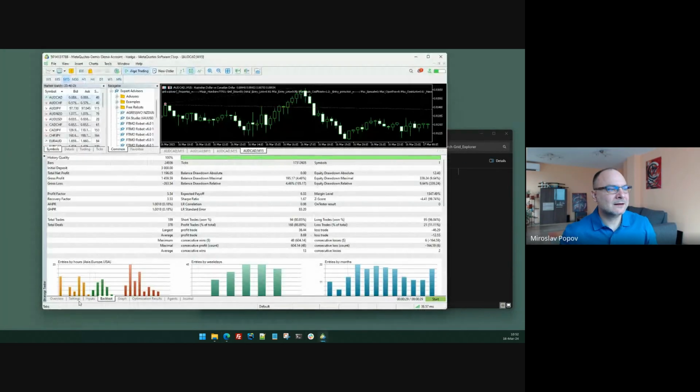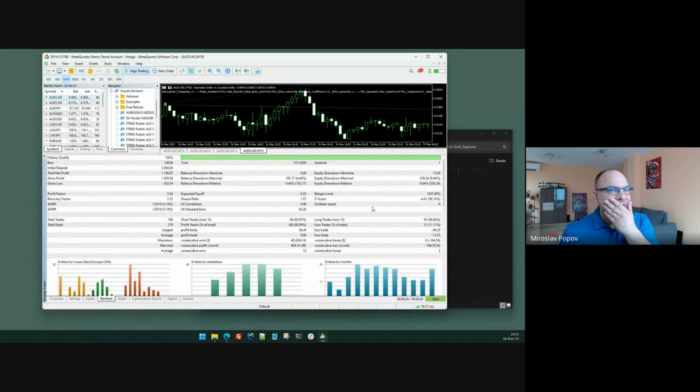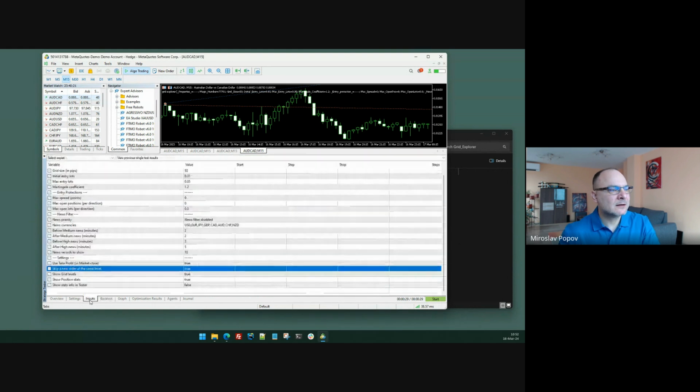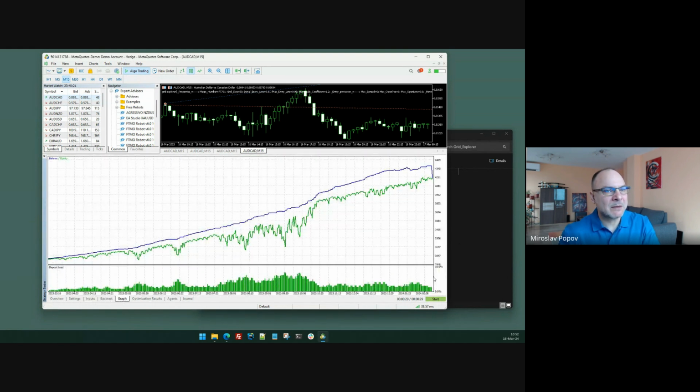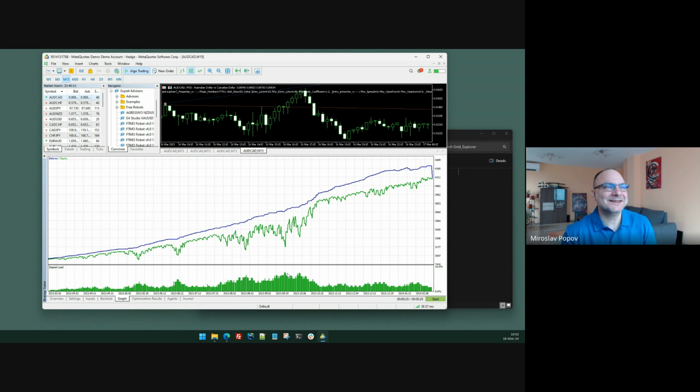Let's see. The graph is okay. The backtest has only 9.6 drawdown. The balance low is below 10%, and this is the benefit of exporting. That's why I created this.